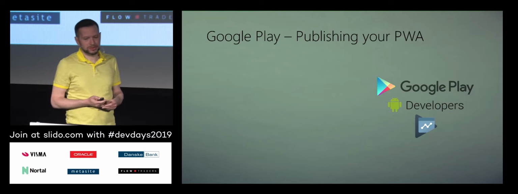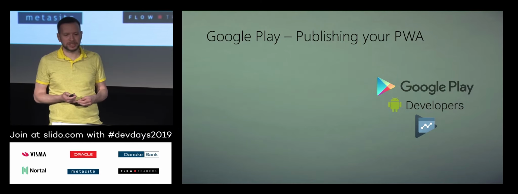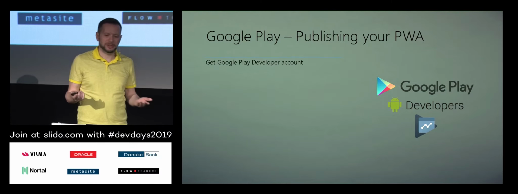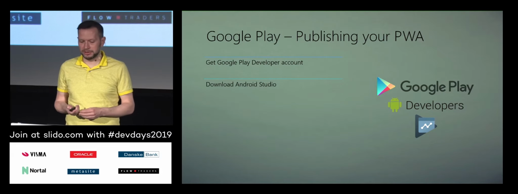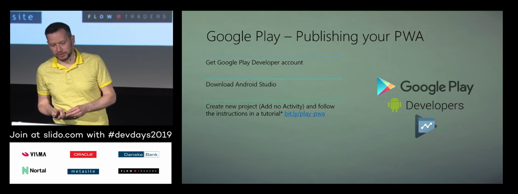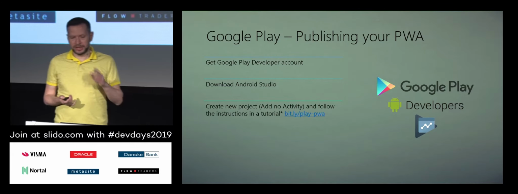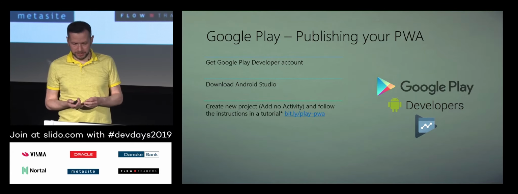So now, what it takes to publish your progressive web app into Google Play. Again, you need to have an account, which is $25. Then you download Android Studio, and then you create a new project with no activity, basically an empty project.